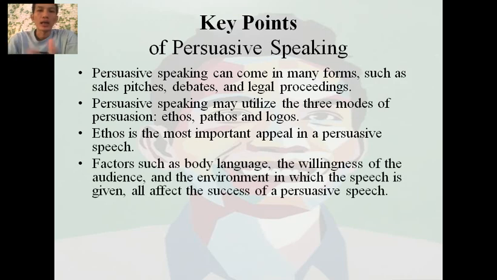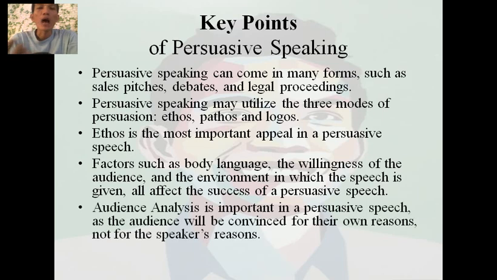Factors such as your body language, the willingness of the audience, and the environment in which the speech is given all affect the success of your persuasive speaking. And audience analysis is important in persuasive speaking, as the audience will be convinced for their own reasons, not for the speaker's reasons.